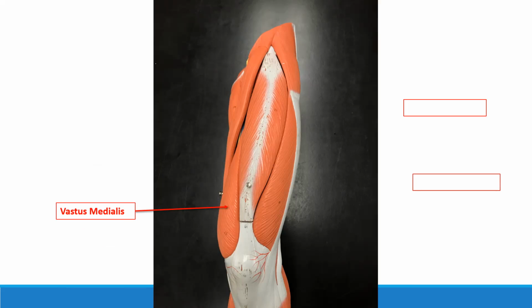Vastus medialis is on the medial side. This is the ringer, the rectus femoris. There's the vastus lateralis on the lateral side of the thigh. Underneath the rectus femoris is the vastus intermedius. They're all part of the quadriceps, all 4 of them.